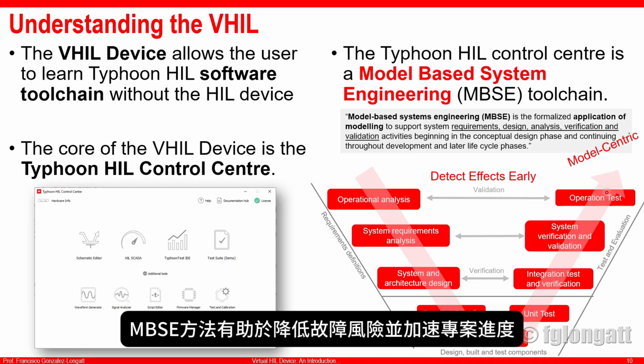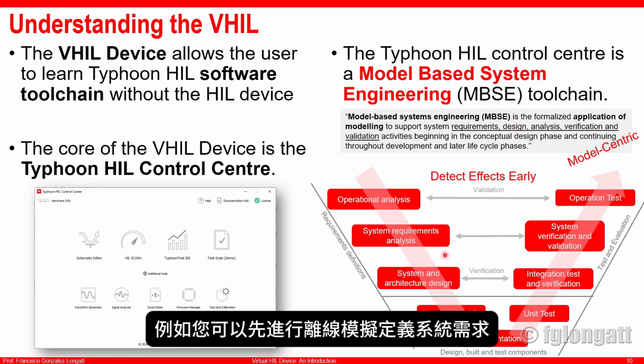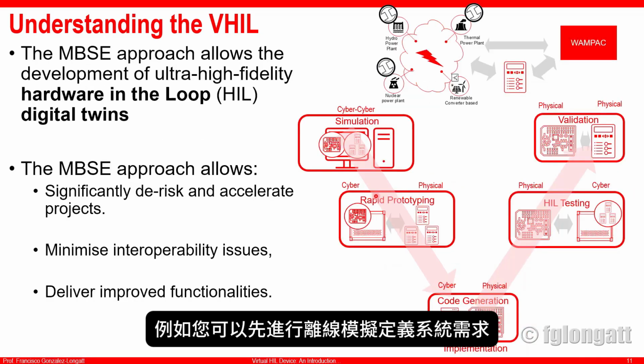Hardware in the loop, the virtual HIL device, allows you to perform assessment at all these stages and allows the user to detect early errors and mistakes and of course create solutions. That is the key point of using the model-based system engineering toolchain, okay?